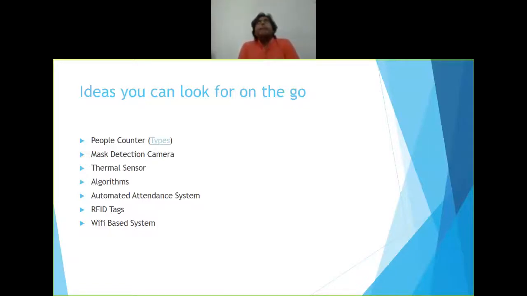And last but not the least is the Wi-Fi based systems. Wi-Fi is kind of an infrastructure which is available in most of the premises. So I'm pretty confident that Wi-Fi as of now has been only seen as a data transferring module, but in coming times it will be seen as a touch points identifier.